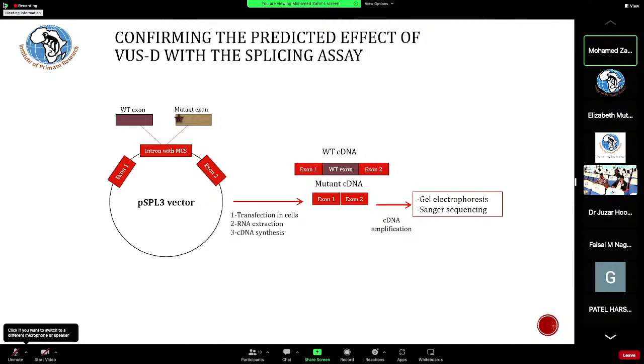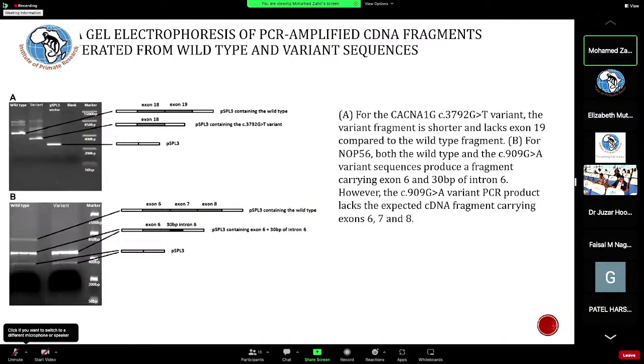So the results from the splicing assay you can clearly appreciate here is that for these 2 variants that we found, first of all in the group A, which is the variant present in CACNA1G, we find that the mutation that has the variant had an exon 19 skipping.